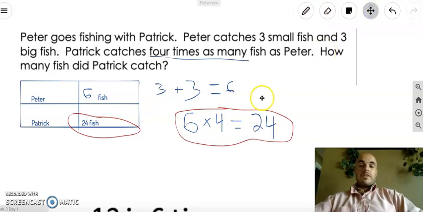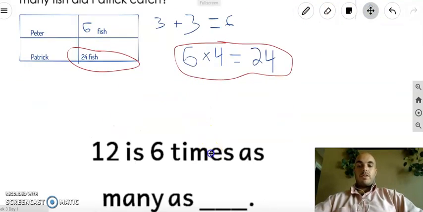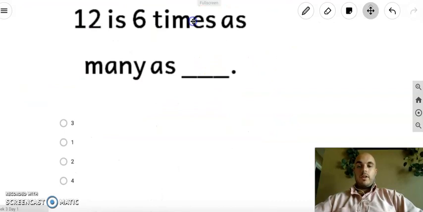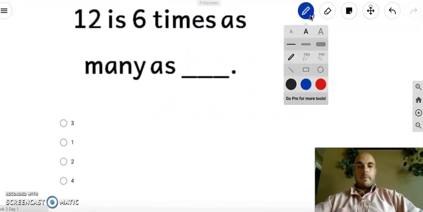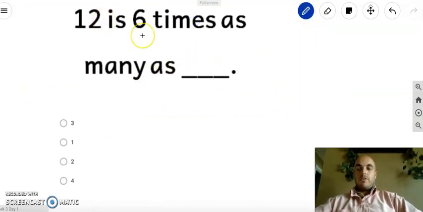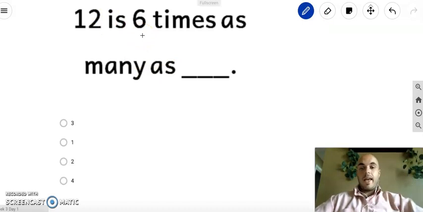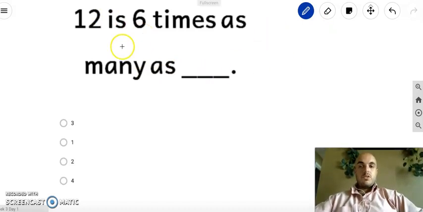Now, if you have followed for this long, of course, I'm going to give us an example from our assessment for today. So 12 is 6 times as many as blank. So when you see the word is, that's a big clue word for equal. Especially when writing number sentences or multiplicative comparisons. Whenever you're writing out an equation, is is always synonymous, so it means the same thing as equals.